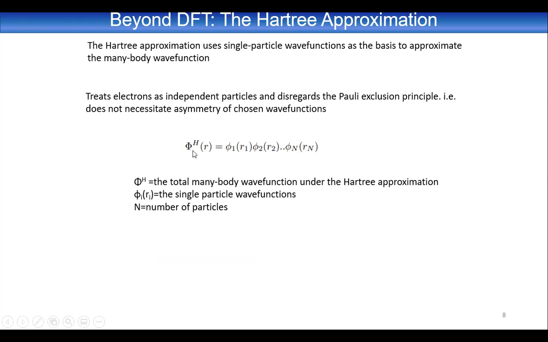Pretty much what the Hartree approximation does is that instead of having a total many-body wave function that describes all the electrons in the system that are interacting with each other, you split this into all of the single electron wave functions and just multiply them. And so you're not really accounting for all the interactions between the electrons, but it's a good enough approximation, and it gives you a nice starting point that you can either use in DFT or just separately.